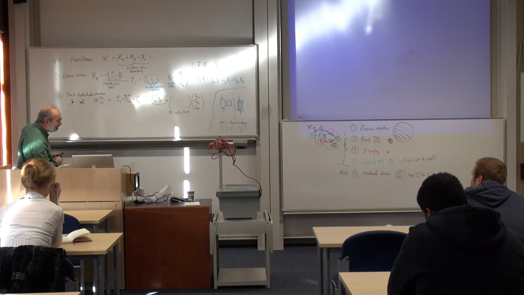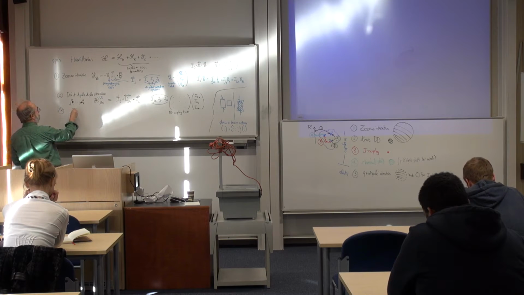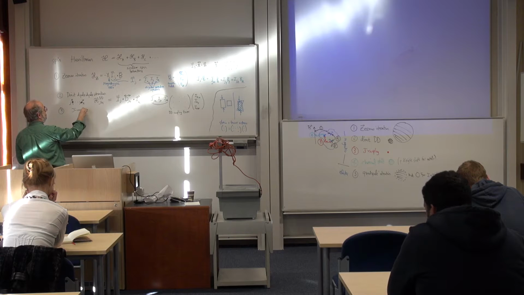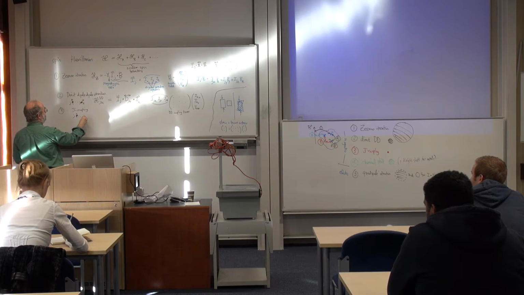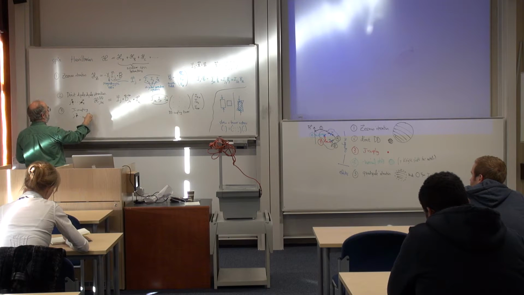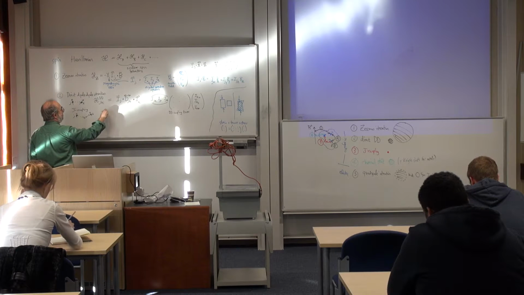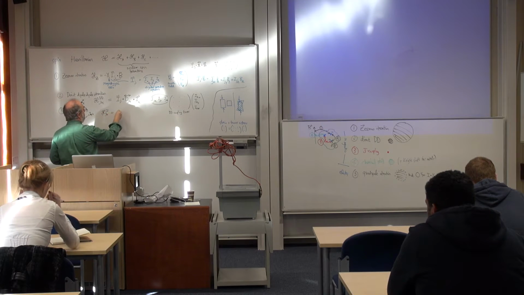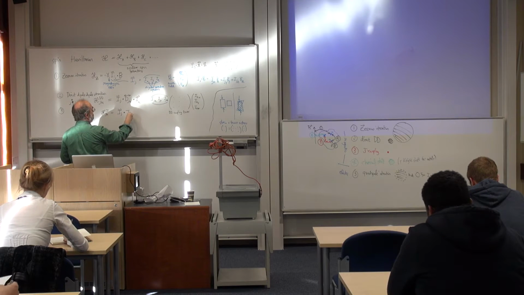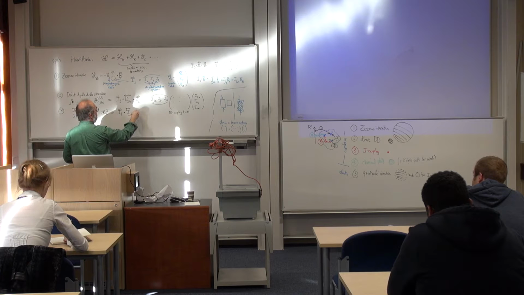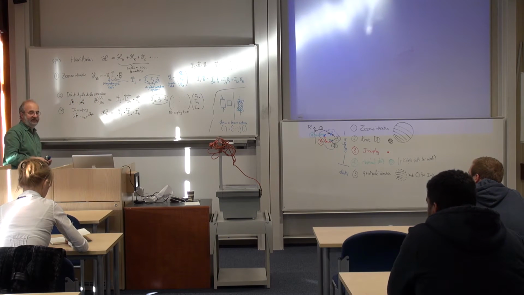The J coupling, which goes through the electrons, has the same form. But the form of the tensor is different, as we'll see in a minute.